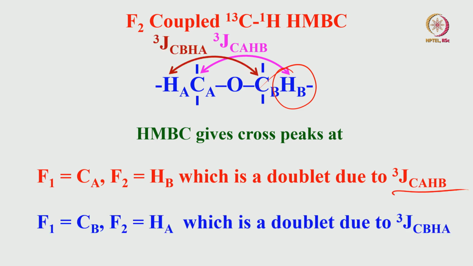If you go to carbon B in the F1 dimension, in the F2 dimension it is going to be the proton chemical shift of A, not B. CBHB corresponds to HSQC. But now carbon B chemical shift correlates to proton A chemical shift, which is 3J CBHA. That is the type of peaks we get if you do coupled HMBC.